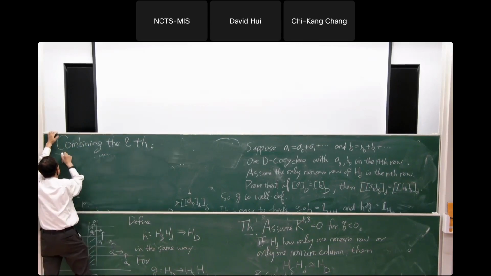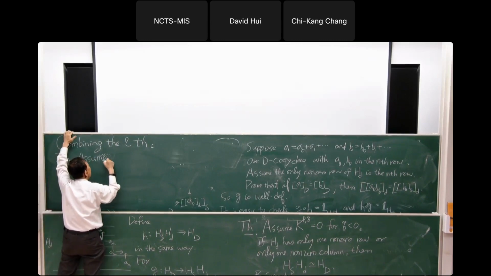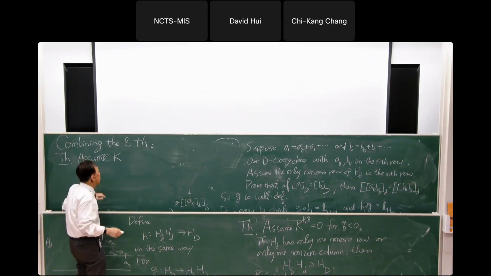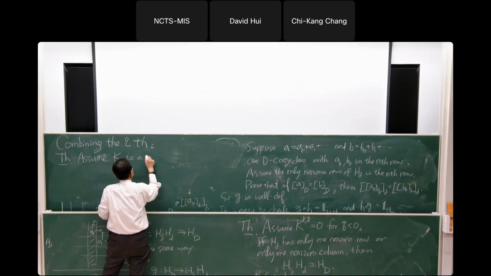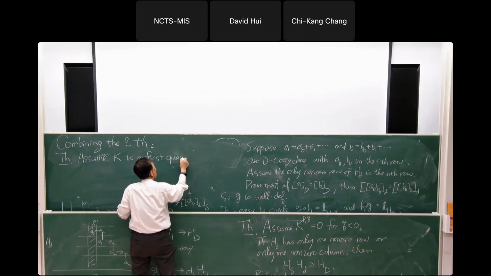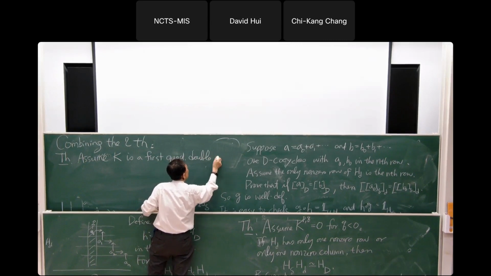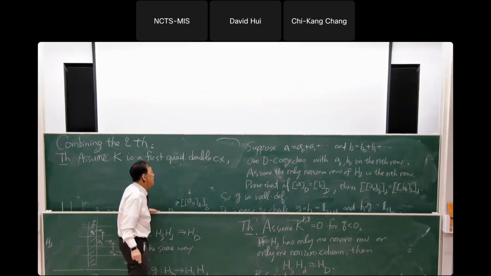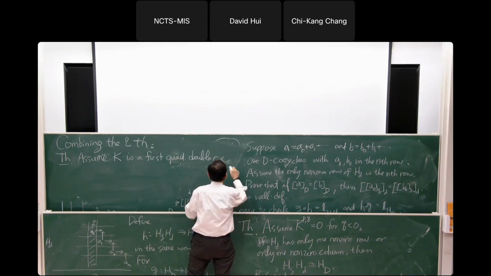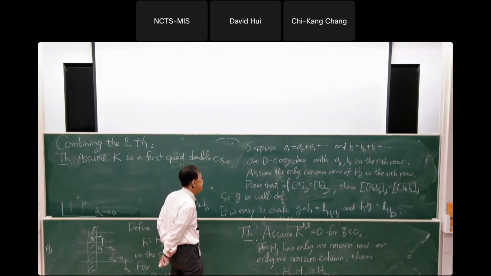You have the theorem: assume that K is a first quadrant double complex.